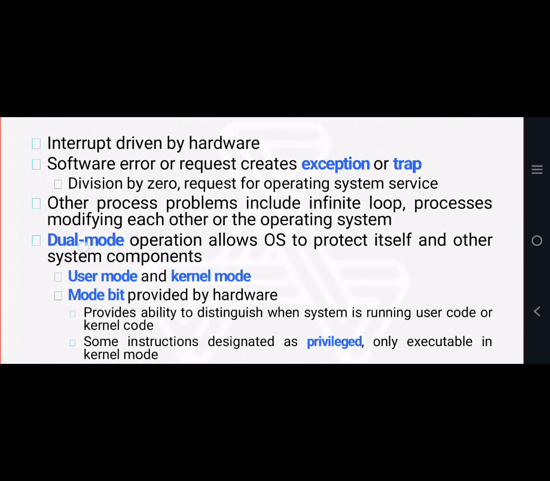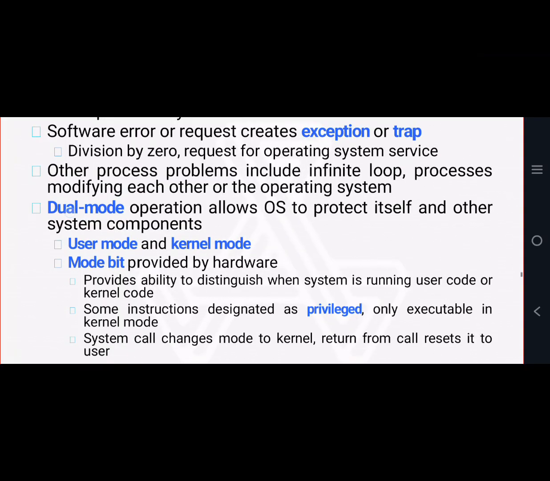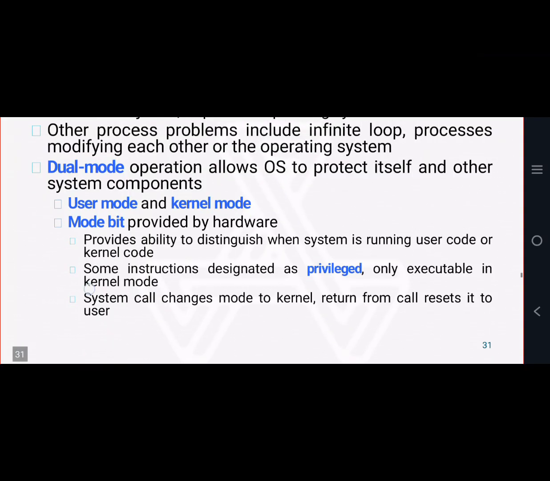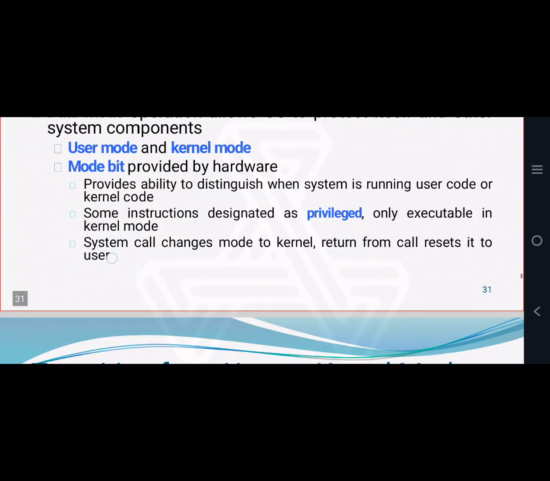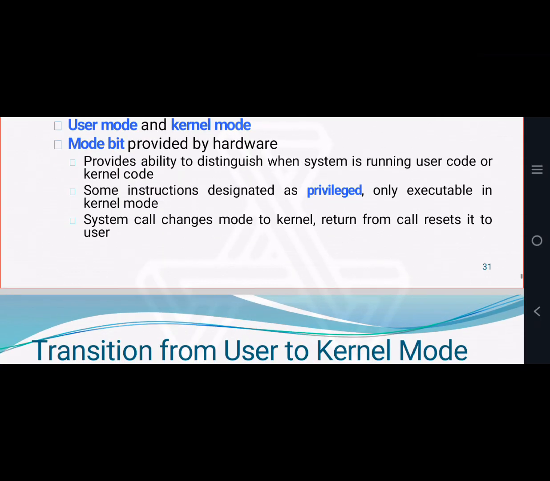Dual-mode operation allows the OS to protect itself and other system components: user mode and kernel mode. A mode bit provided by hardware distinguishes when the system is running user code or kernel code. Some instructions are designated as privileged, only executable in kernel mode.